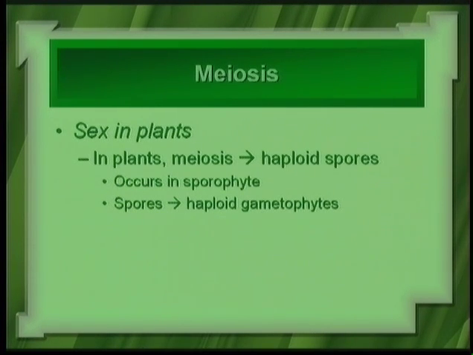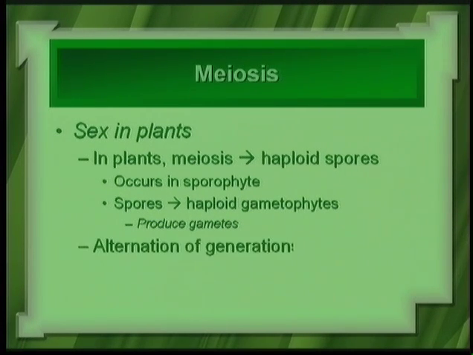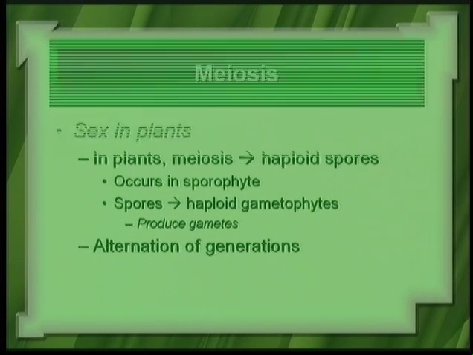The gametophytes are the plants that produce the gametes, the sex cells, or sperm and egg. And so in plants, unlike animals, plants have something called an alternation of generations.